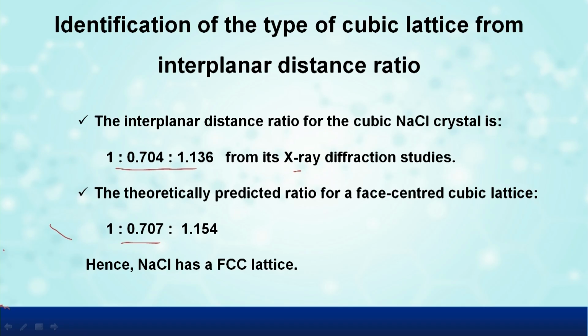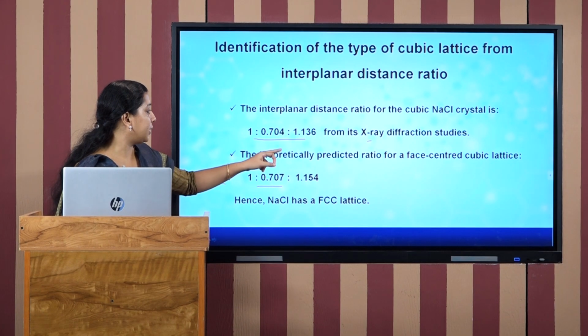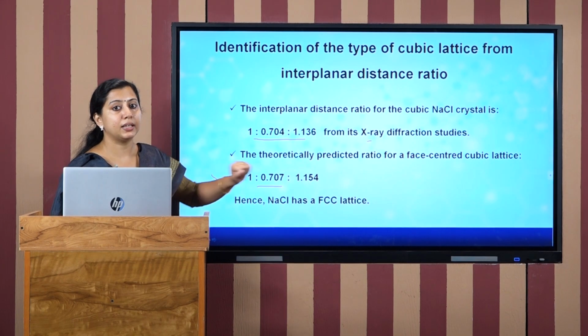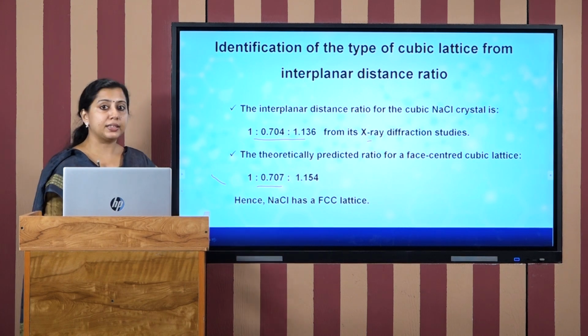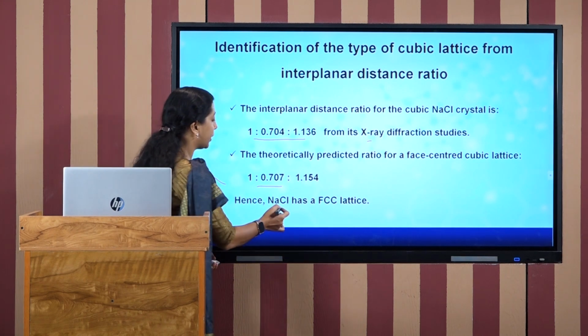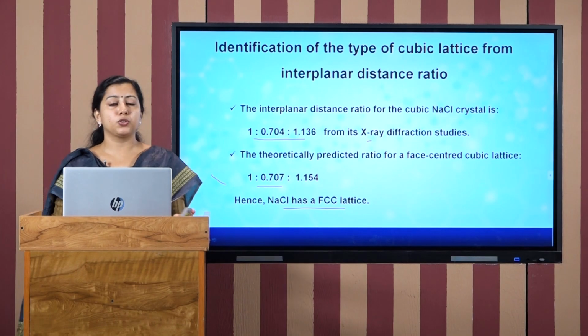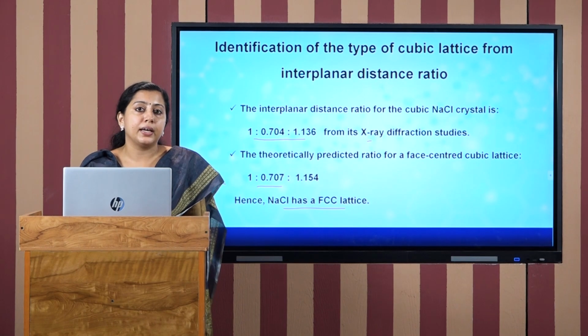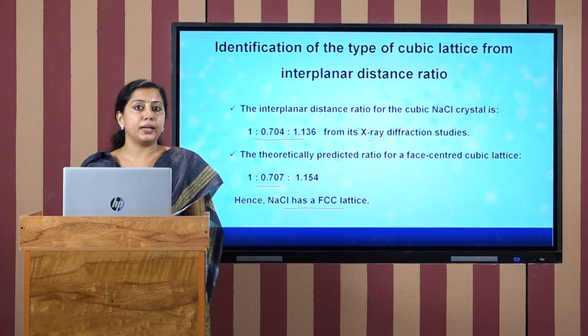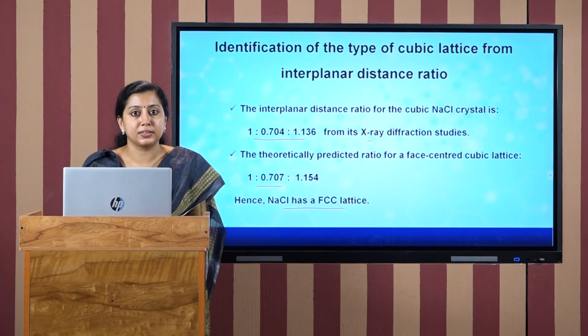Okay. So, it is closely similar to the theoretical value for an FCC lattice. So, we can say that sodium chloride or NaCl has an FCC lattice. So, from the interplanar distance ratio obtained experimentally and comparing it with the theoretical value, we can find out which type of lattice the crystal crystallizes in.